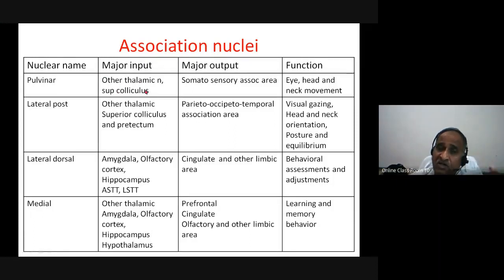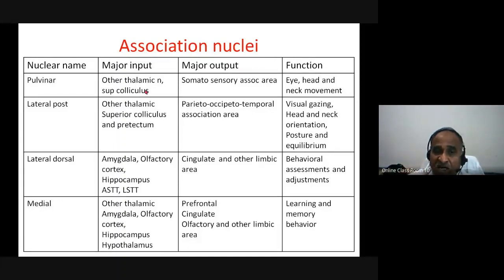The superior colliculus receives inputs from the visual occipital cortex. It also receives input from the auditory pathway, so that there is an orientation.